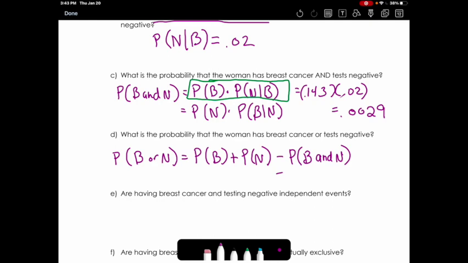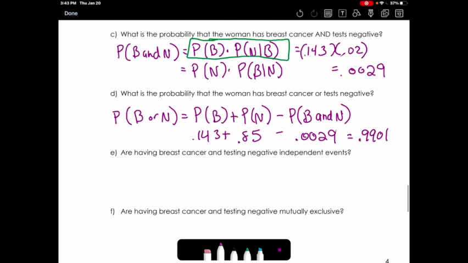Now, we found in the previous example in part C what that value is. We found that that was 0.0029, so I'll write that in there. We know the probability of B, that's 0.143. And I know the probability of N, that's 0.85. When I add all of that together on the calculator, we will get 0.9901.